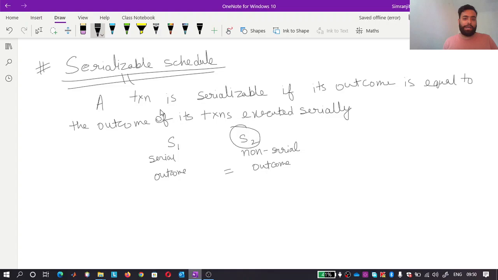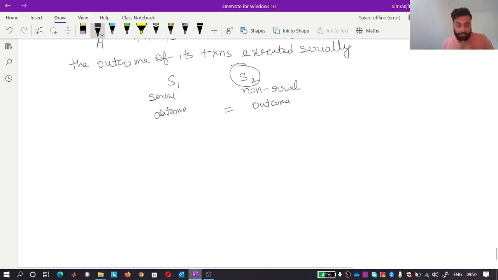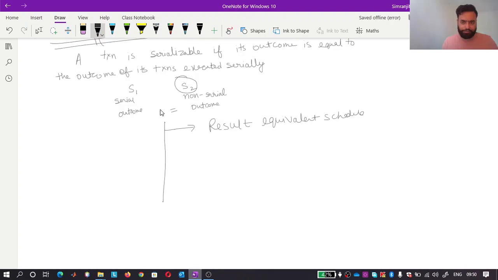So how can you achieve it? It can be achieved in three ways. First is the result equivalent schedules. Then conflict equivalent, so I'll go into each particular thing one by one.